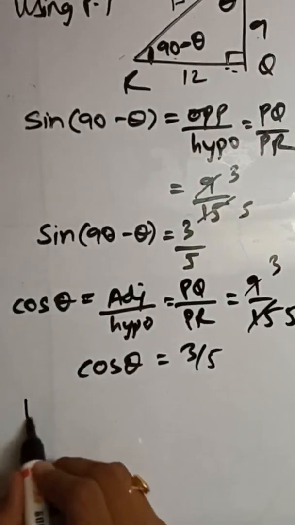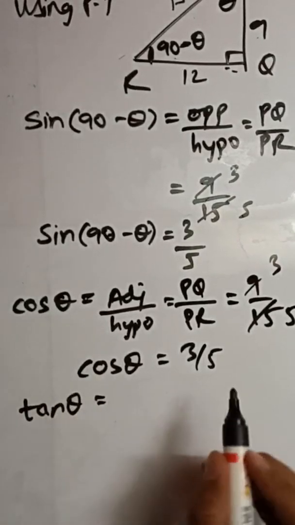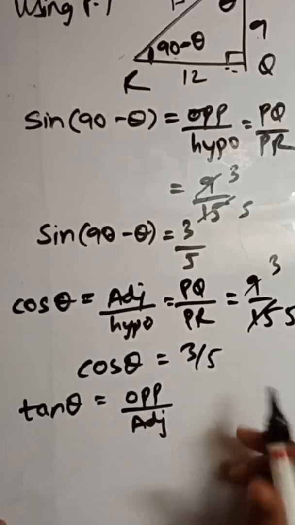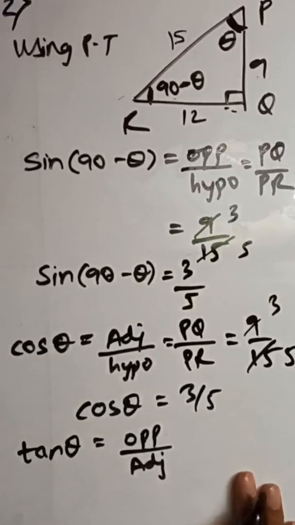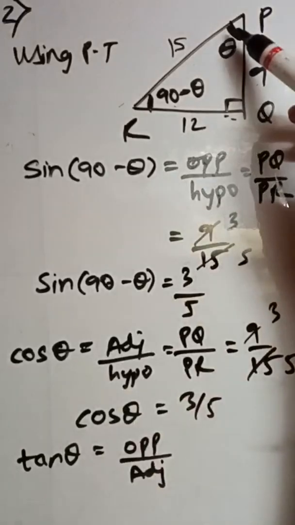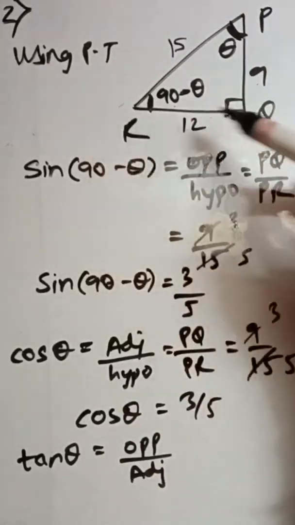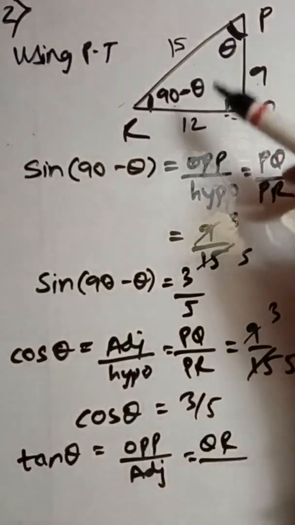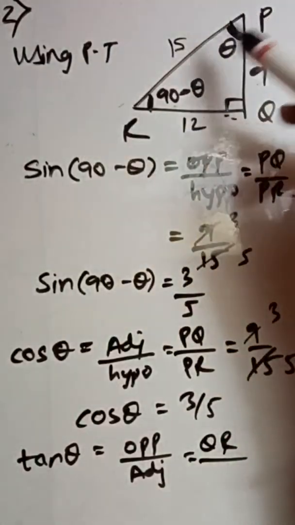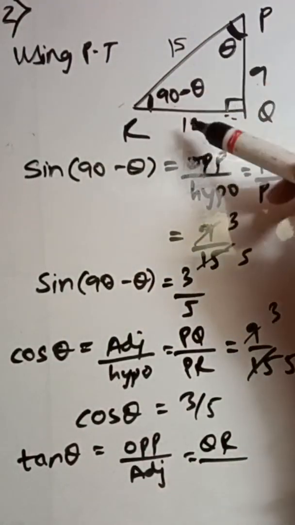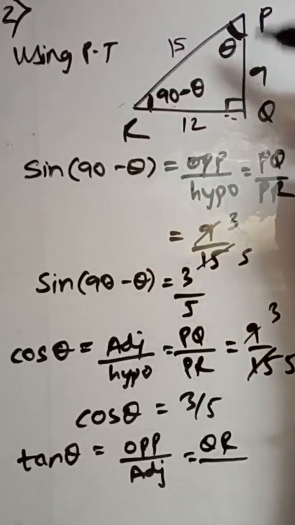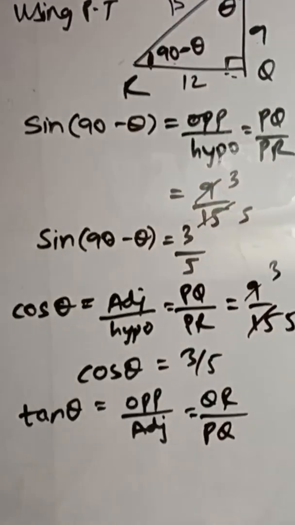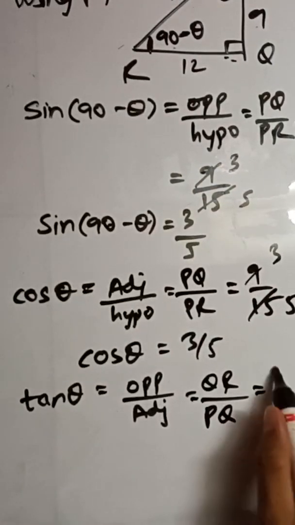Next is tan theta. What is the formula for tan? It is opposite upon adjacent. Okay. See the diagram. Theta is here. So for theta, which side is opposite? QR is opposite. This is the hypo, but we don't want hypo. We want adjacent. So if this is opposite, this will be adjacent, PQ. The value of QR is 12.